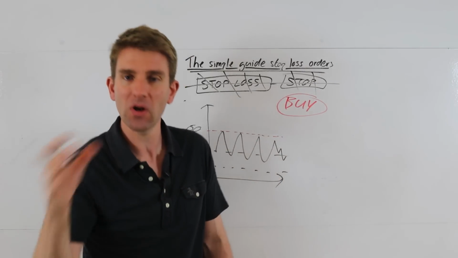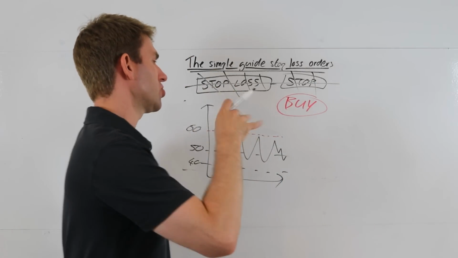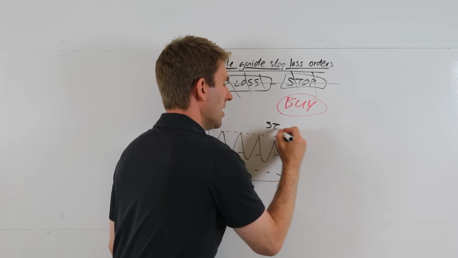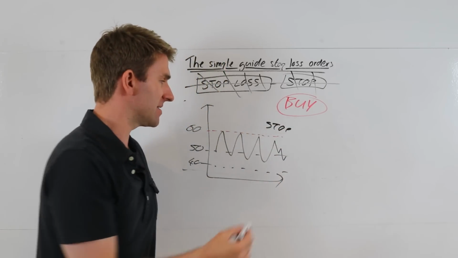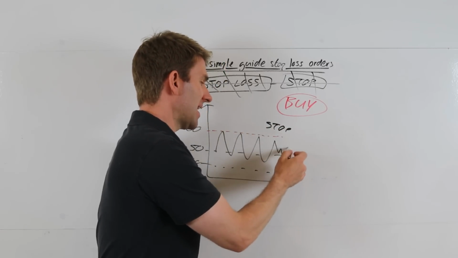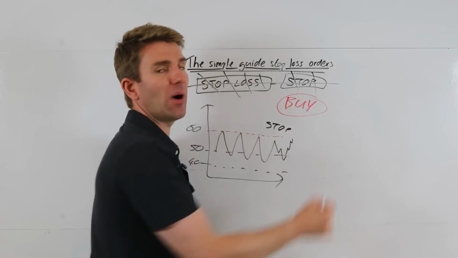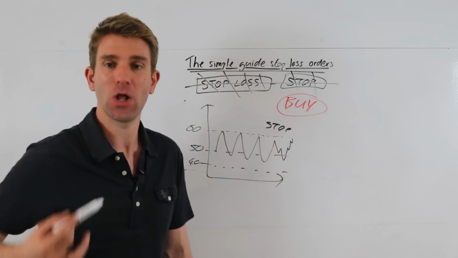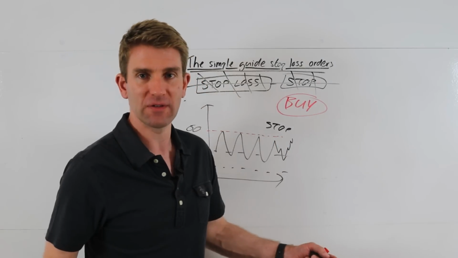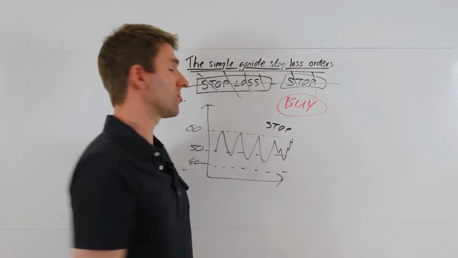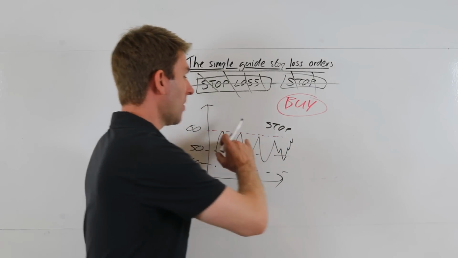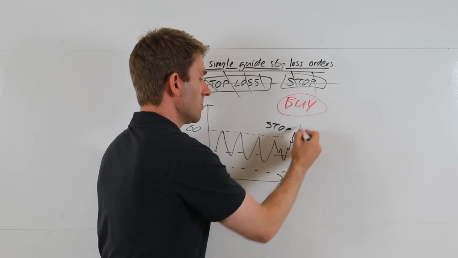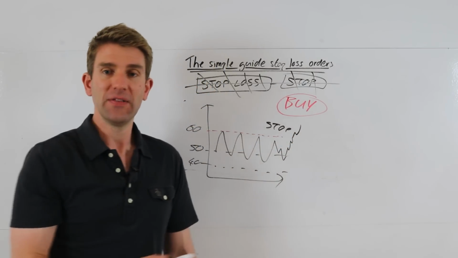And again, forget about the loss scenario of a stop, it's just a stop order. And what does that mean? That basically means that as the price gets to that level, a buy order is sent to the market, which would make us net long. Because we haven't got a short in the first place, this would make us net long. So if we wanted to buy only if the market started to break out of that range, that's what we do.